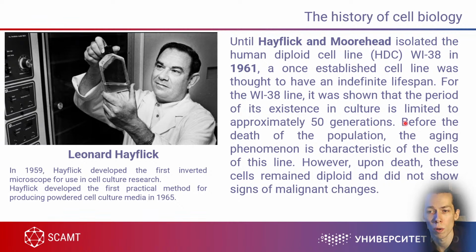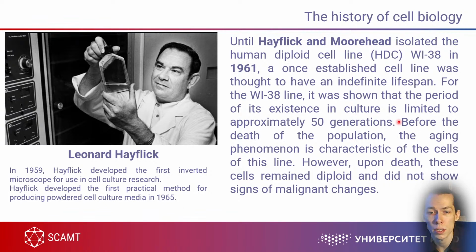So this limit of cell divisions, which is about 50 generations, so 50 divisions, is called the Hayflick limit. This man was maybe not the first to observe it, but the first to understand why it's so important.